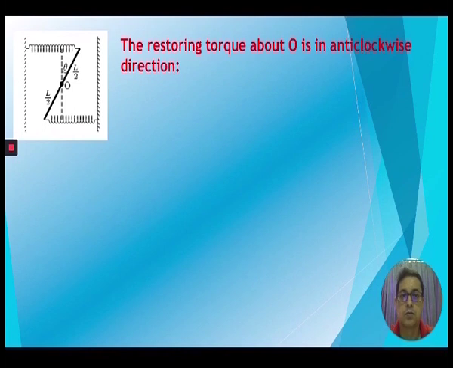There is going to be a torque because there's a rotation of this rod about this point O, and the restoring torque about O is going to be in the anti-clockwise direction.